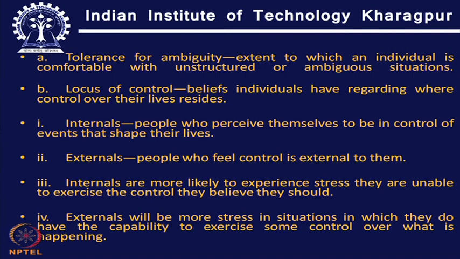Internals are people who perceive themselves to be in control of events that shape their lives, and externals are people who feel control is external to them. Sometimes internals are more likely to experience stress because they are unable to exercise the control they believe they should have over the consequences and the way of doing things.